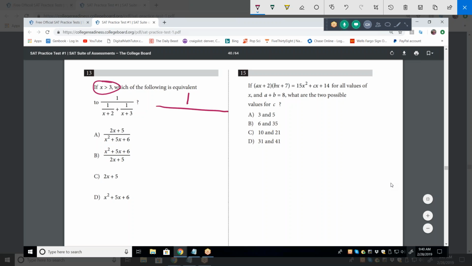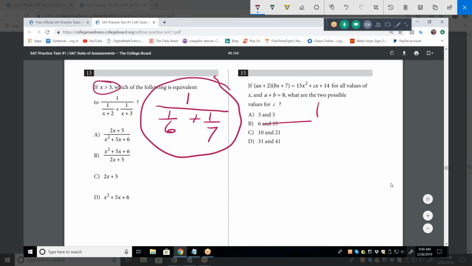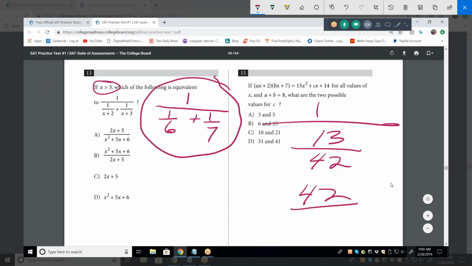Well, we got 1 over 6 plus 1 over 7. Now, we can solve that. That is 1 over, our common denominator is going to be 42. This is going to be 7 42nds, and 6 42nds is 13 42nds. I flip that, it becomes 42 over 13.